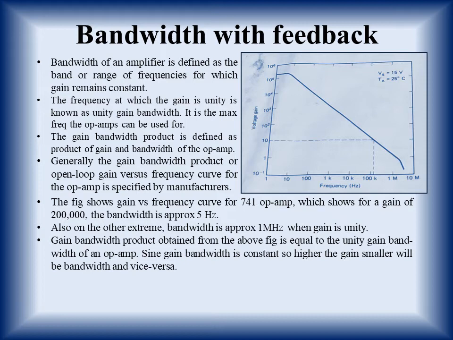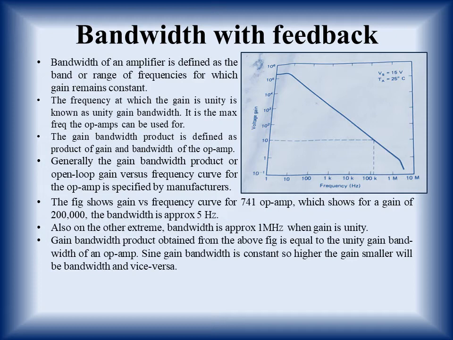So now we have defined the gain bandwidth product. If we look at this diagram, gain into bandwidth, calculated from one end or the other, comes out to be 1 megahertz. So in this figure of the 741, the bandwidth is the unity gain bandwidth.